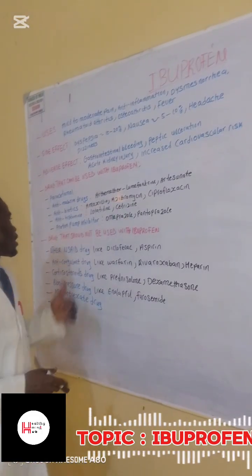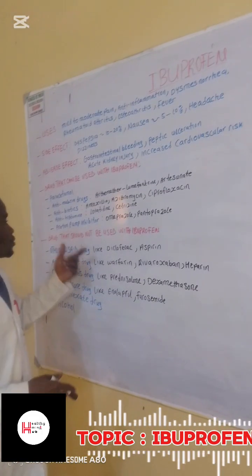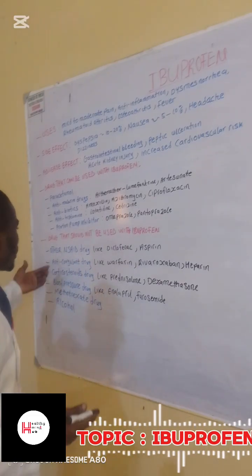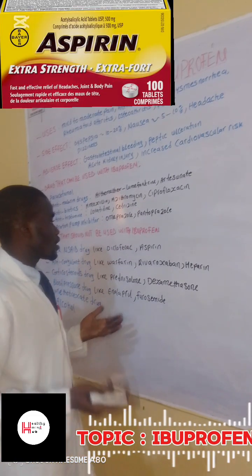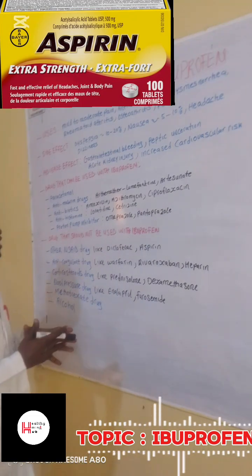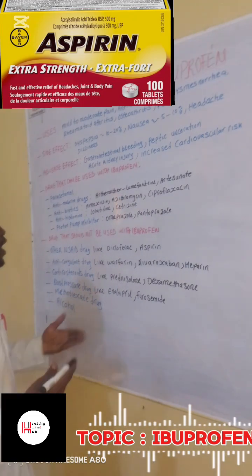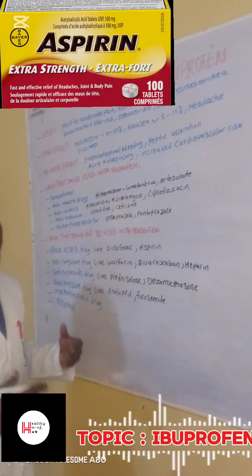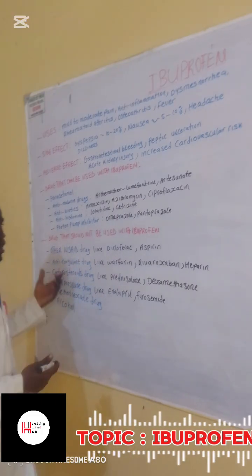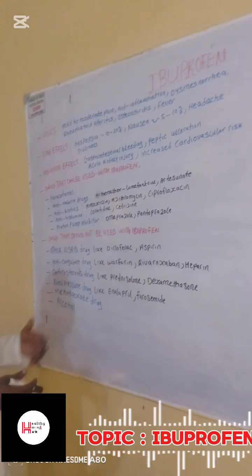What are the drugs that should not be used with ibuprofen? We have other NSAID drugs like diclofenac and aspirin. Diclofenac and aspirin are in the same class as ibuprofen. When used with ibuprofen, there's high risk of bleeding. And we also have anticoagulant drugs.